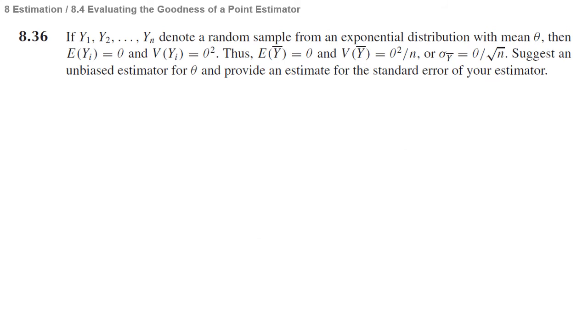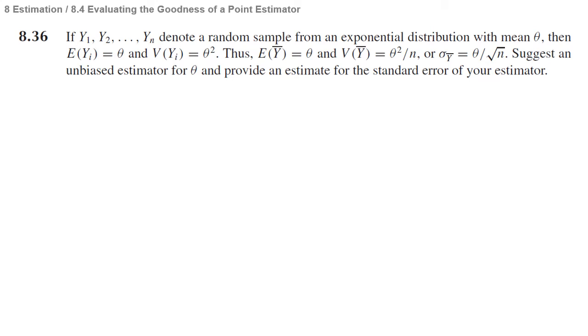Let's try to solve one exercise problem, which is 8.36. If Y1, Y2, up to Yn denote a random sample from an exponential distribution with mean theta, then the expected value of Yi equals theta and the variance of Yi equals theta squared.